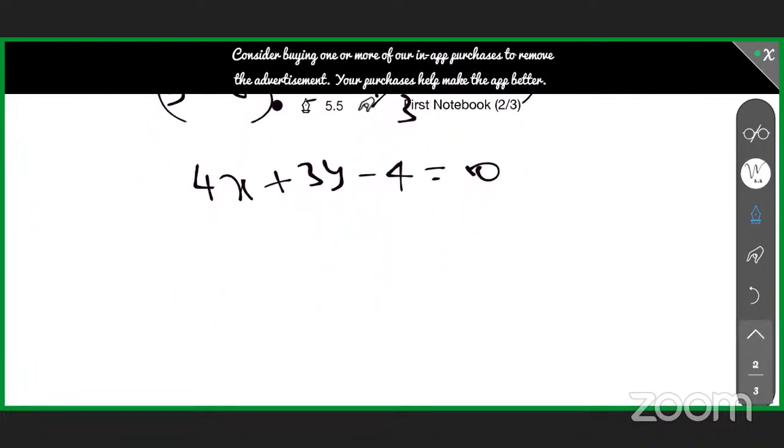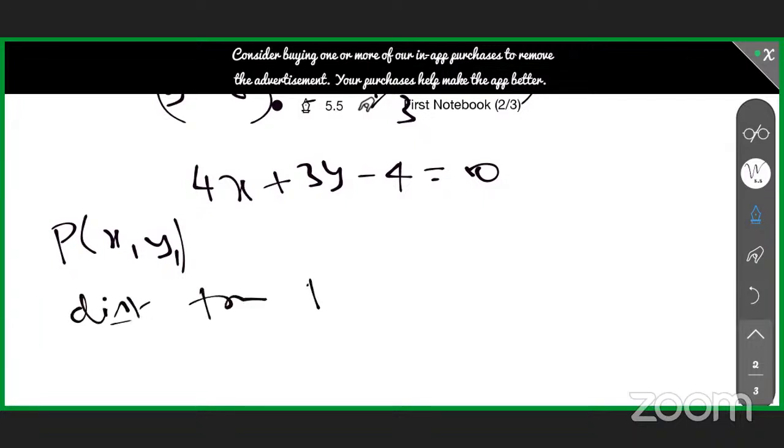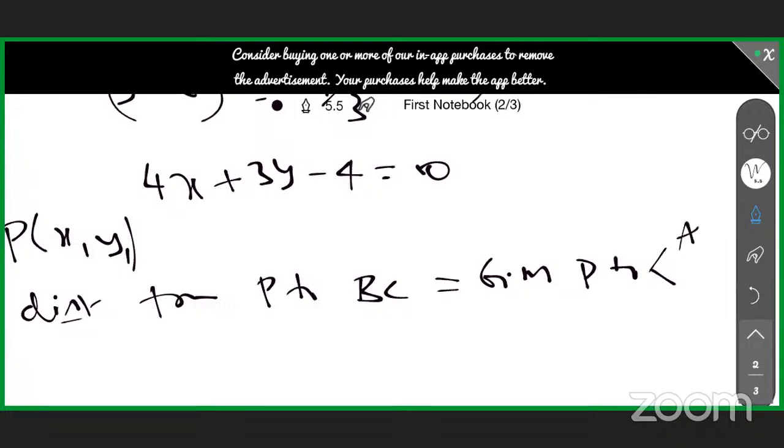Now, if I take a general point P (x1, y1), they are telling that the distance from P to BC is equal to the geometric mean of the distances from P to AB and AC.